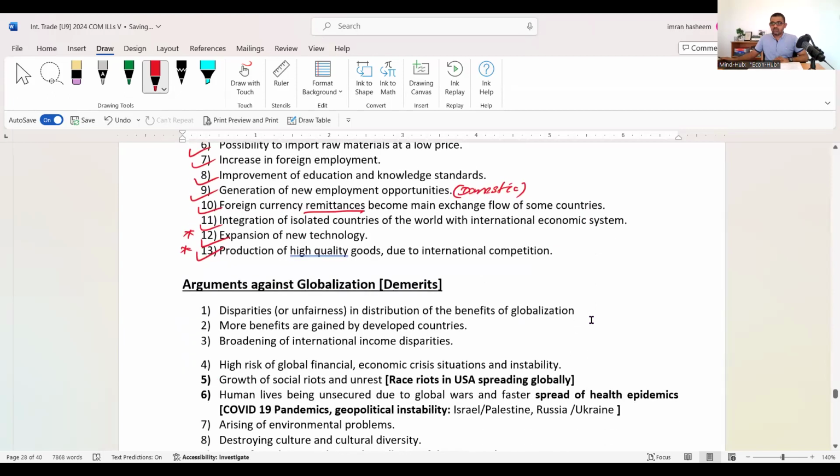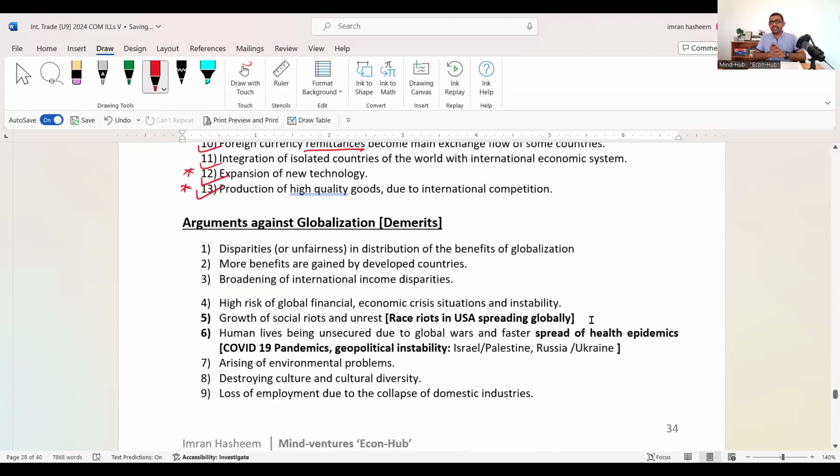Any question? Please do ask. Now the arguments against globalization, the demerits of globalization: disparities or unfairness in the distribution of benefits of globalization. Yes, we talk about a globalized world where the entire world becomes one village, one community, and everyone is benefited. But are such benefits fairly distributed?